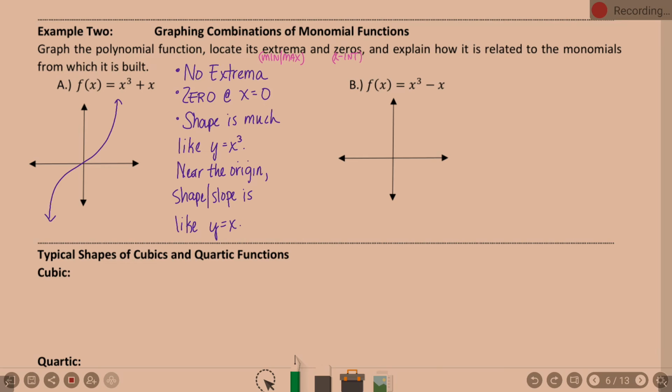Your graph does something like that. So we need to talk about extrema and zeros, and then we'll do a description. What do you know about this, the extrema? There are some this time, aren't there?